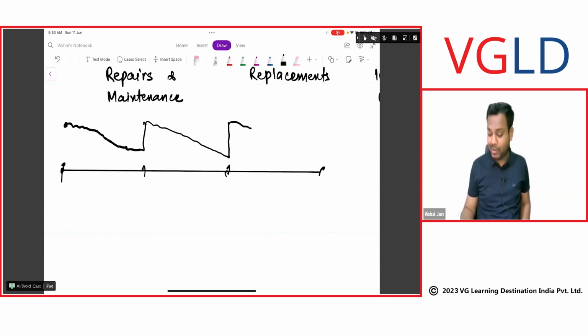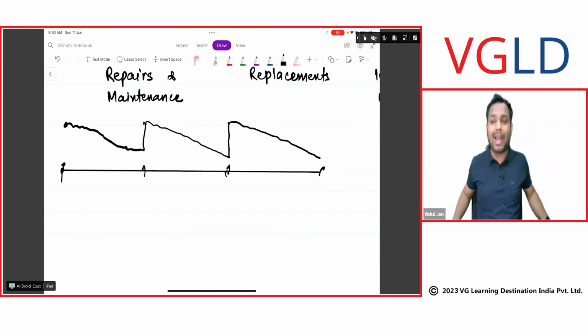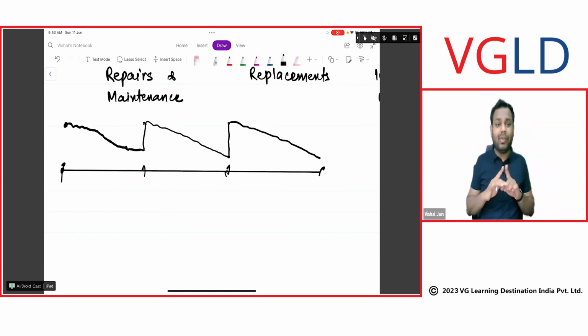So these repairs at regular intervals just maintain the asset, and that's the reason we are not required to capitalize them. Extra cost should give extra benefits. They are not giving any extra benefit. They are just maintaining the asset, and hence we cannot capitalize the repairs and maintenance.